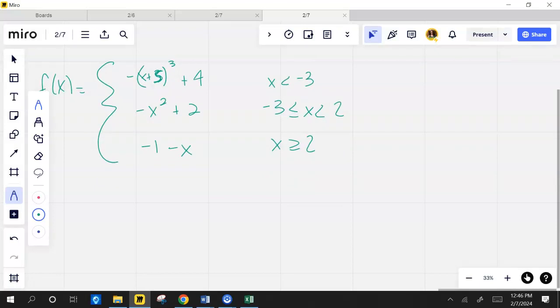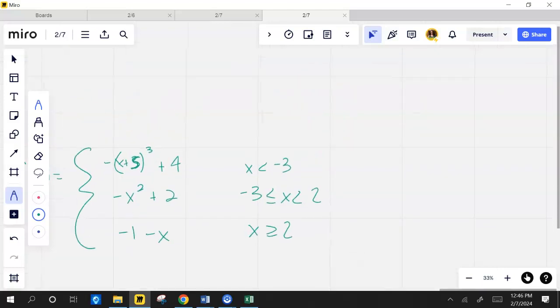A cubic that is slid left 5 and up 2. My question is that key point. Think about a cubic, right? A cubic, remember you're supposed to know those parent functions like that. But my question is, if I take this and I slide it left 5 and up 4, is that middle point contained within this interval of numbers?